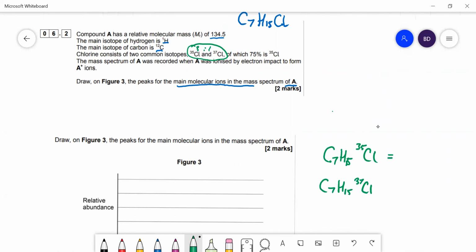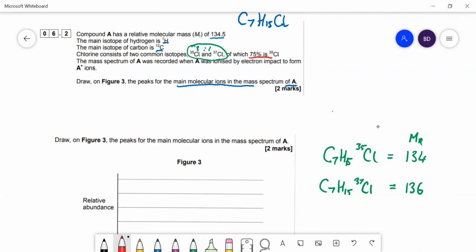Now, if you work out the Mr of that one, it works out to be 134. And of course, the Mr of this one's going to be 2 more. That's 136. Now, it tells us that the 35 chlorine is 75%.